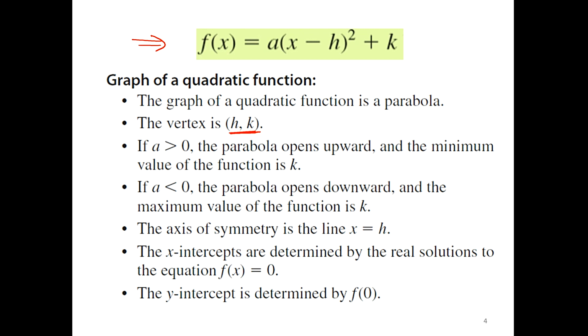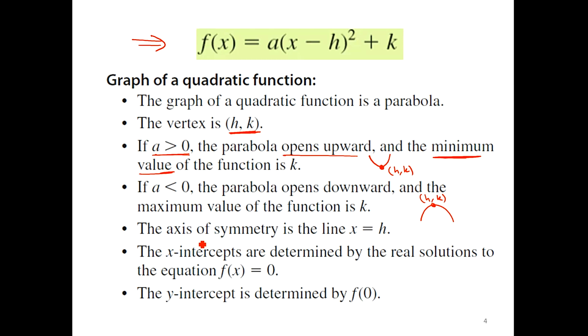If a is greater than 0, we have a parabola open up, and we have a minimum value of the function, because it is concave up, the vertex h, k is the minimum. If a is less than 0, negative, we have concave down. And this vertex, is it maximum or minimum? It is the maximum, h and k.